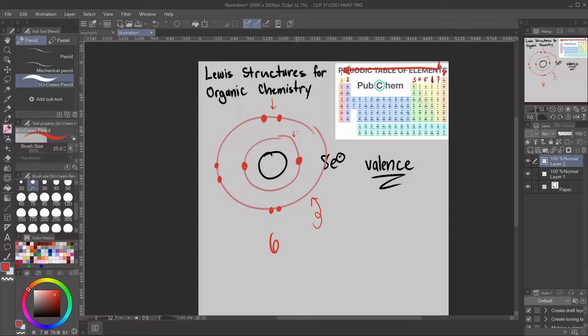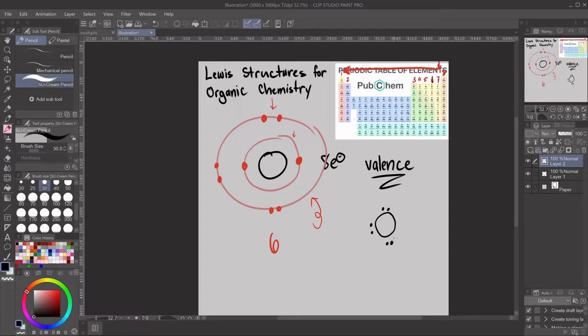So let's take our oxygen example and draw it in its Lewis structure form. Instead of drawing everything out, because that would take a little while, we're just going to draw our O as our representation of our element, and then draw in 6 electrons around the oxygen.